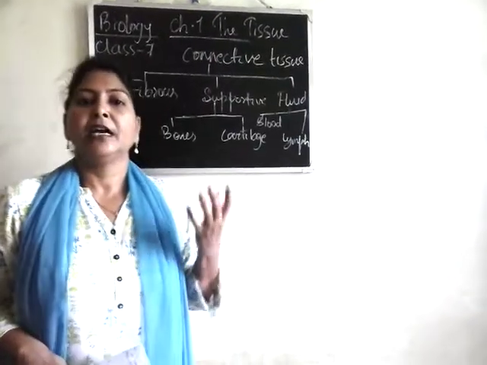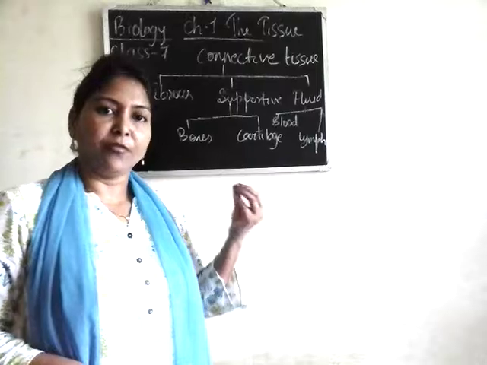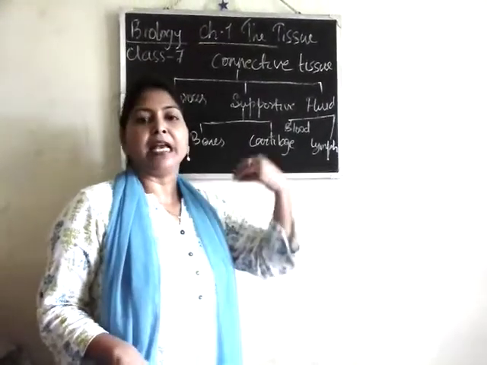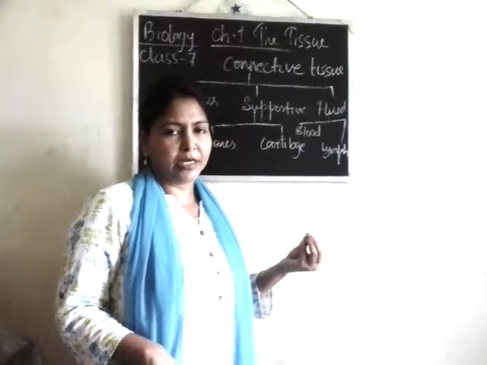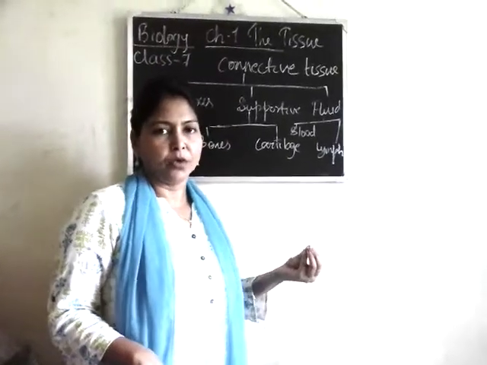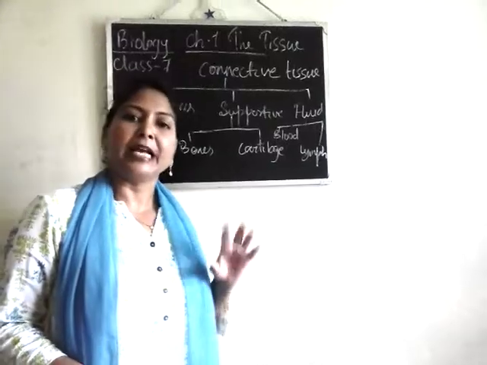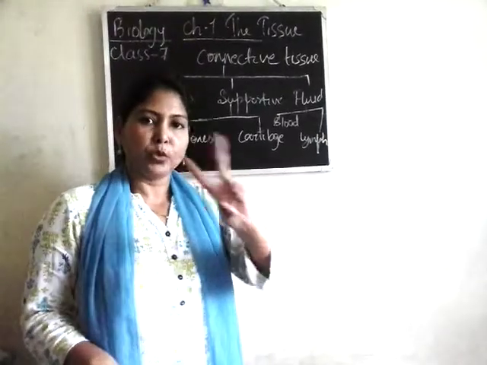That blood is a red colored fluid which flows in our body, and it has some cellular parts and some fluid part. So what is blood comprised of? Blood is comprised of two things.